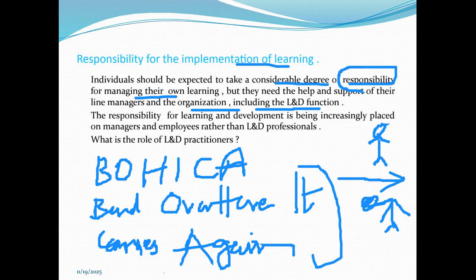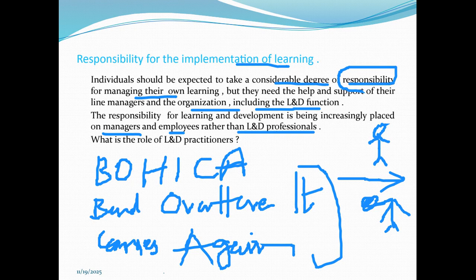They take good meals in the conferences and they come back without learning. So there has to be a proper link between the training and the learning until they are made responsible for this. The responsibility of learning and development is being increasingly placed on managers and employees rather than learning and development professionals.